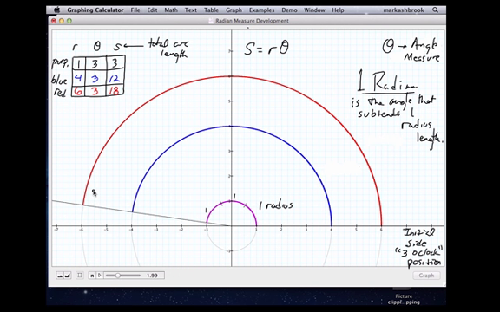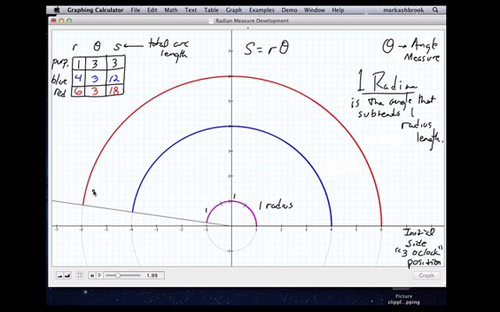So theta is angle measure, but it has the same value as what? Theta is a measure of openness. It's a measure of the angle. But how do we get its value? How is it that we're getting this number 3?